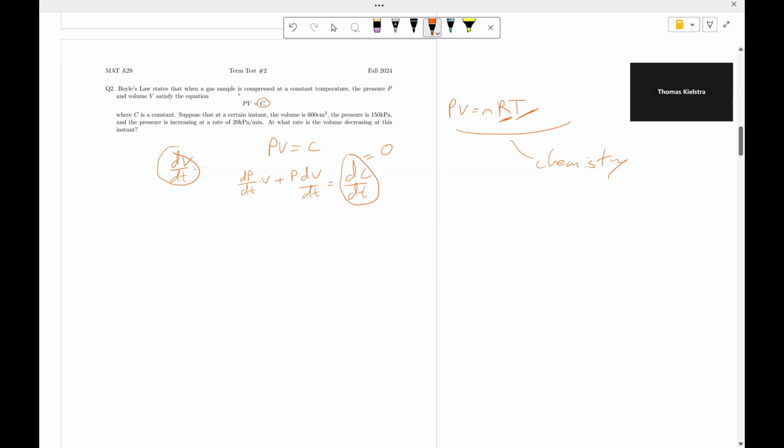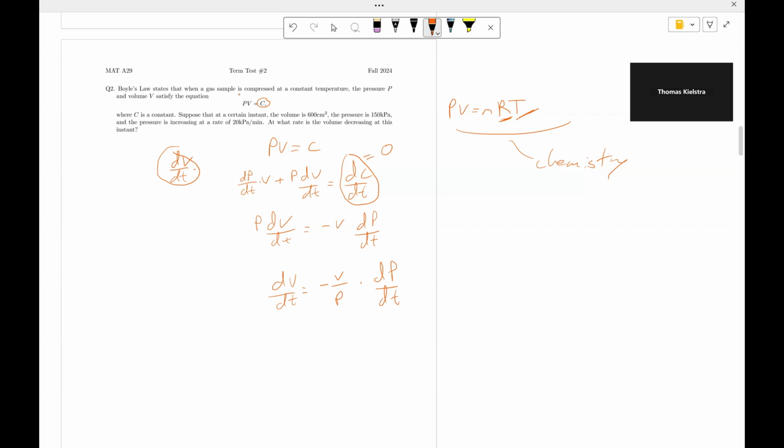So now I have that P dV by dt equals minus V dP by dt, or dV by dt equals minus V over P times dP by dt, which is quite nice. And if you ever go into economics or microeconomics, you might see a similar looking formula for the elasticity of demand. But here it's for this expression.